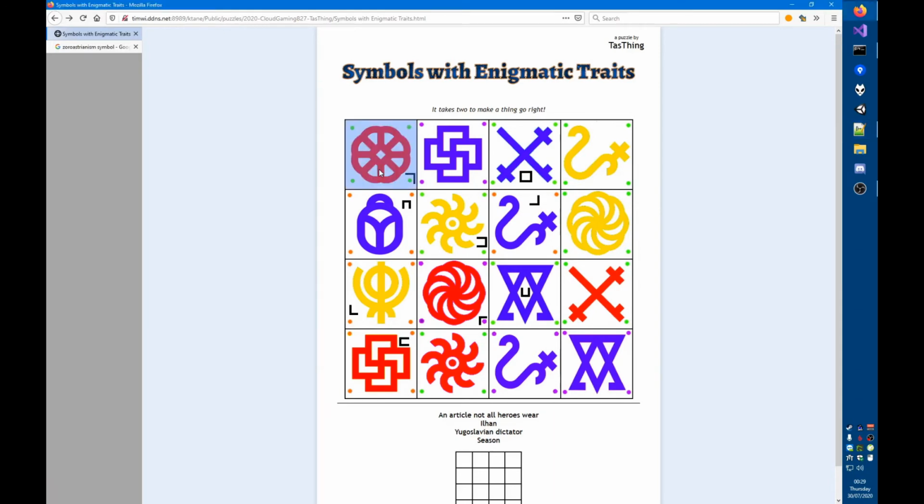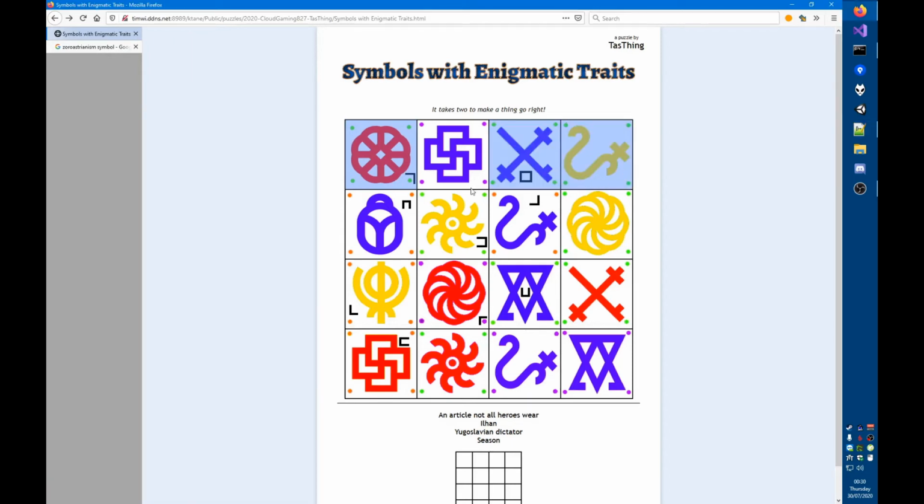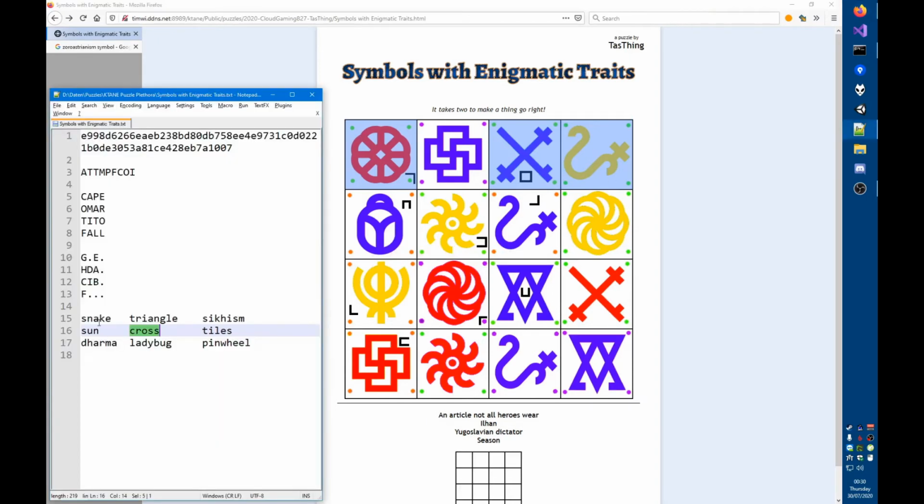Okay, so this one here would be, hang on, that was the Wheel of Dharma. Yes, that's right. In fact, the ones that have Pigpen on them, I can tell where in the 3 by 3 grid they should be. So if I were to take these, for example, the green dots, they're all the same colors, the symbols are all different colors, but you will notice that the snake and the Dharma are both in the left column, so this would not count.